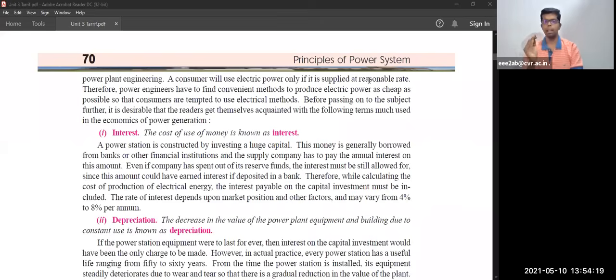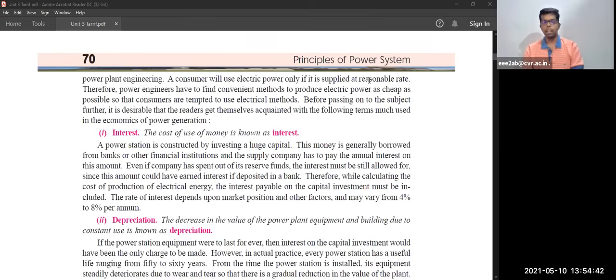For example, now the tariff is around 5 to 6 rupees. If I charge the domestic consumer a tariff of 20 rupees per unit, imagine, that is 4 times more than that.